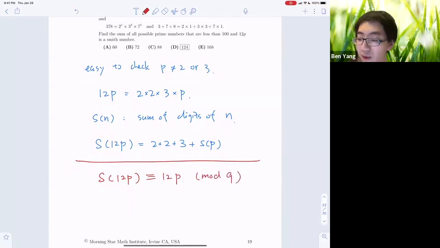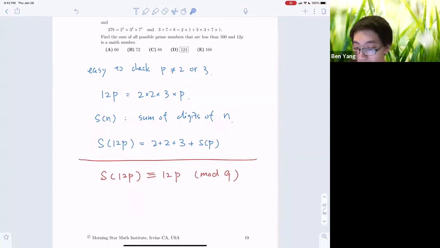Here we're using the property that the sum of digits of the number n is congruent to the number n itself mod 9. And on the right-hand side, we have 2 plus 2 plus 3 plus S(P), which is congruent to 7 plus P mod 9.